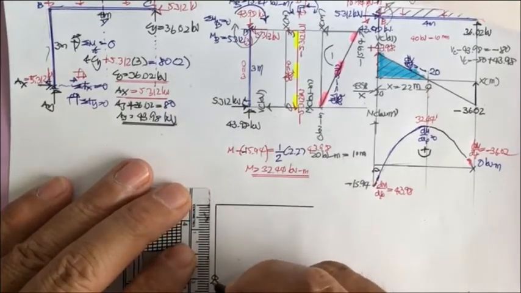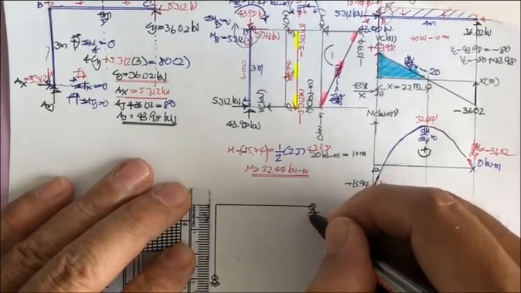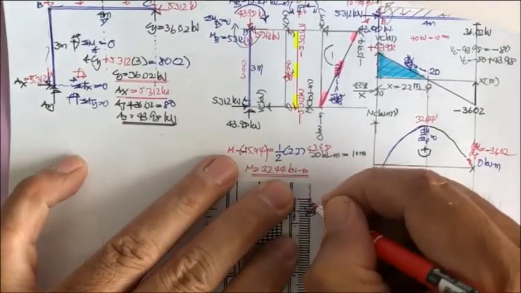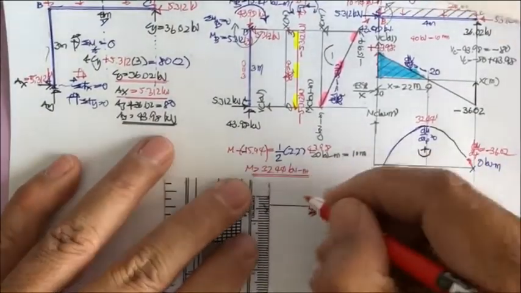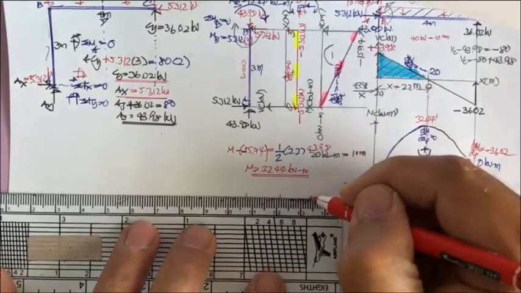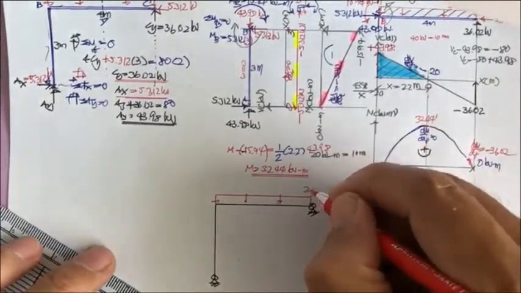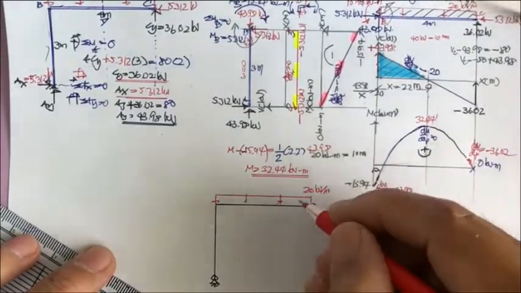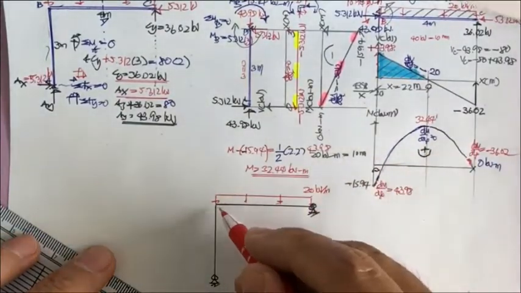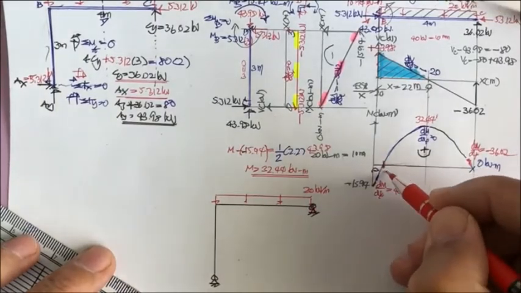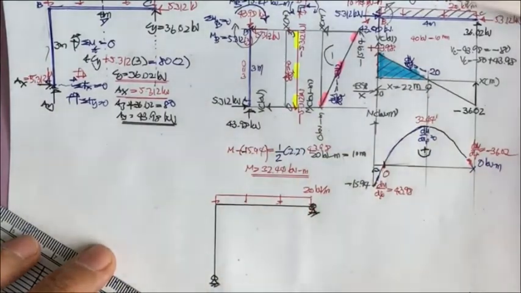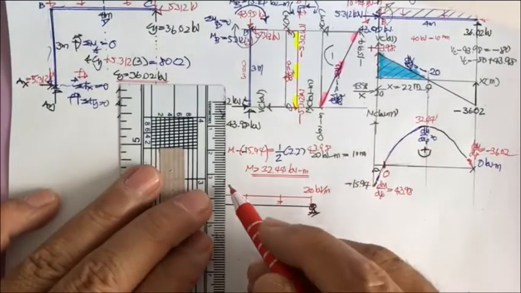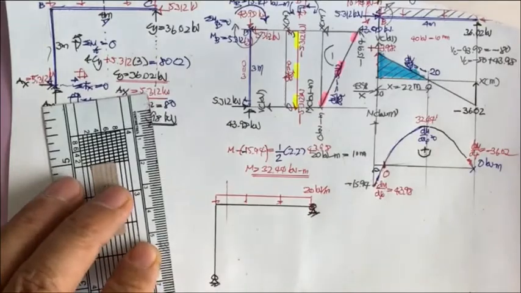And this is pin, and this is pin, subjected to uniformly distributed load here and here, 20 kilonewton per meter. And this one is a rigid joint, this is the point of inflection. Okay, the inflection point is about here, so this is going to be something like this.